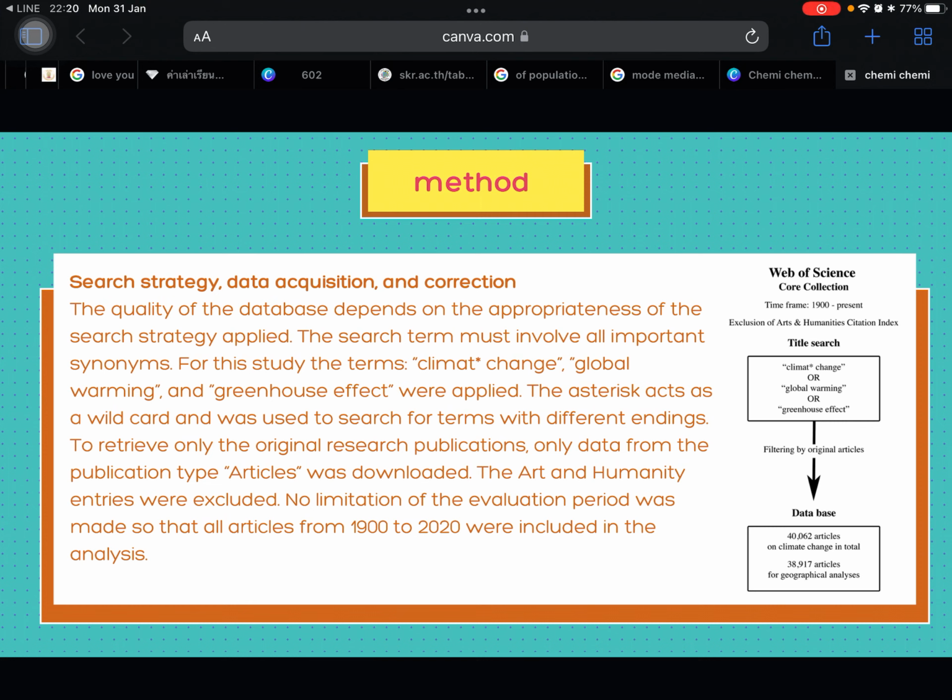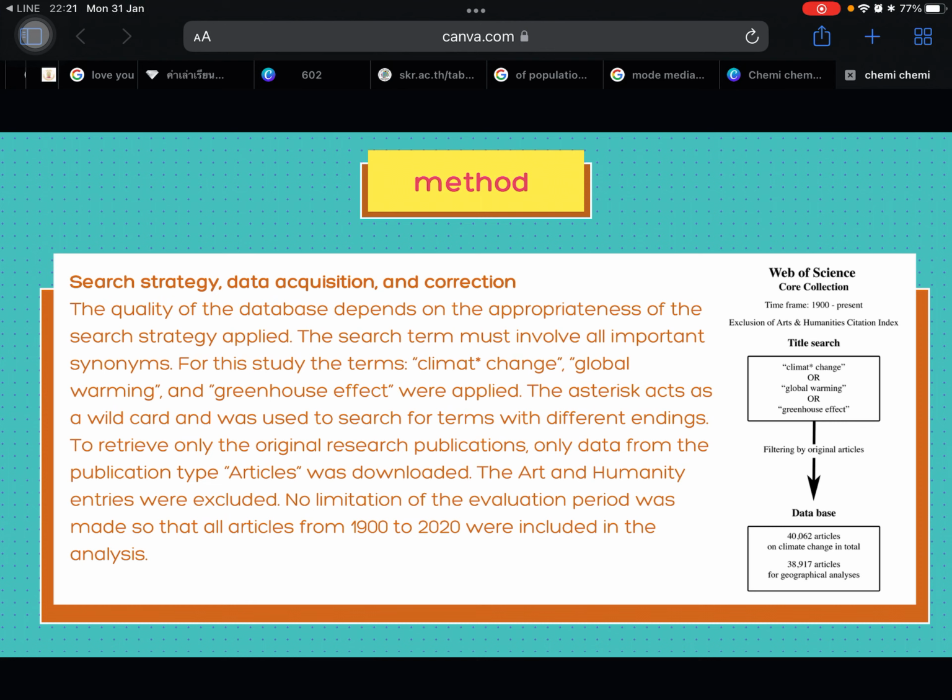The asterisk acted as the wildcard and was used to search for the term with different endings to retrieve only the original research publications. Only data from publication type articles was downloaded. The arts and humanities entries were excluded.